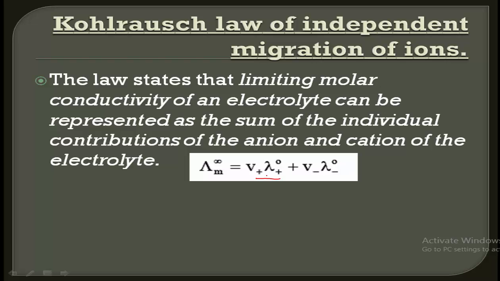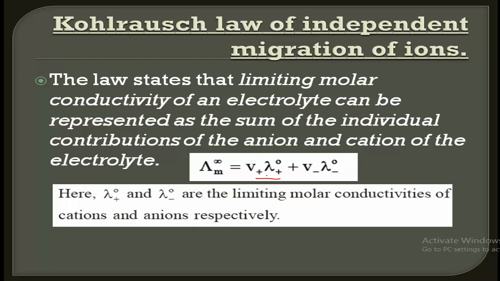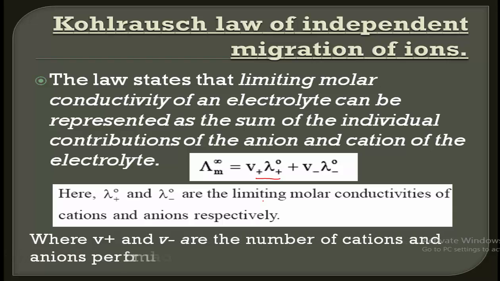Here lambda plus naught and lambda minus naught represent the limiting molar conductivities of cations and anions. And v plus and v minus represent the number of cations and anions per formula of the electrolyte.